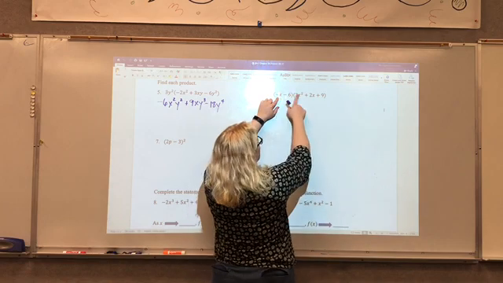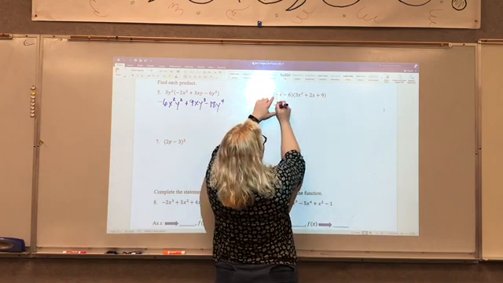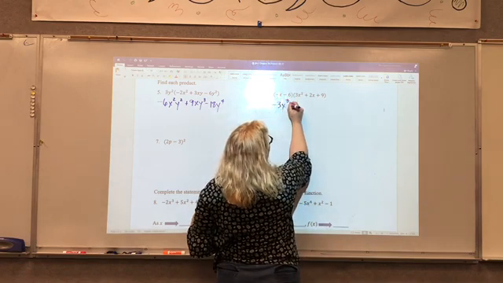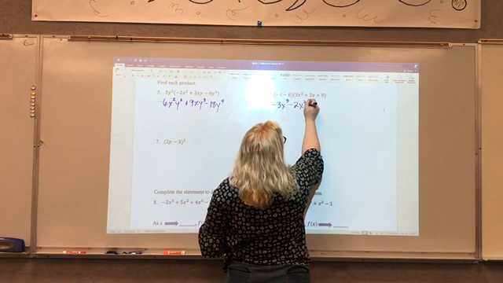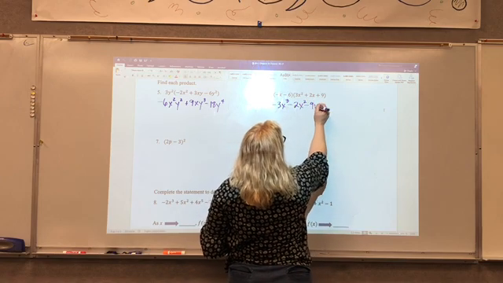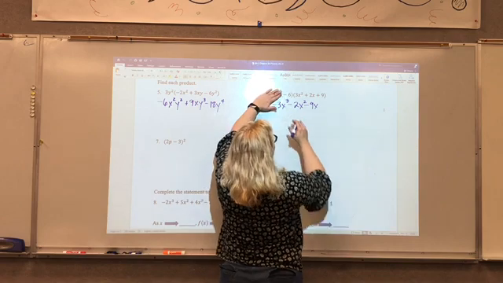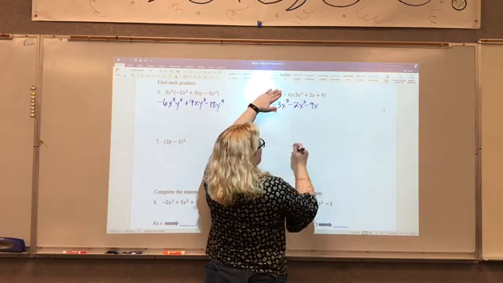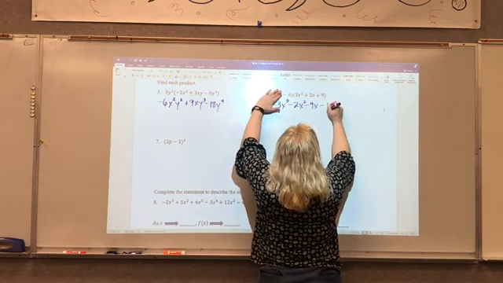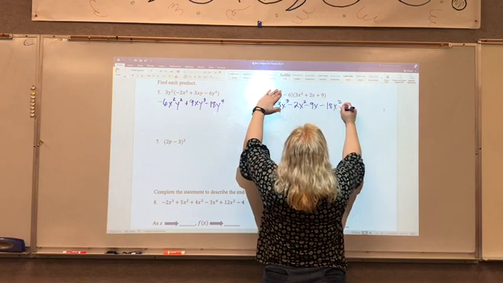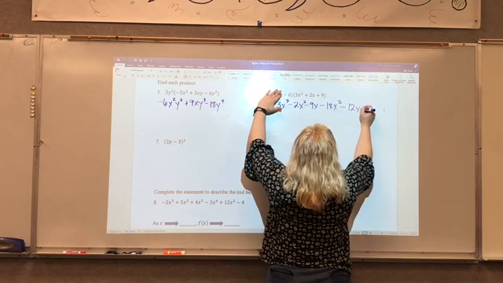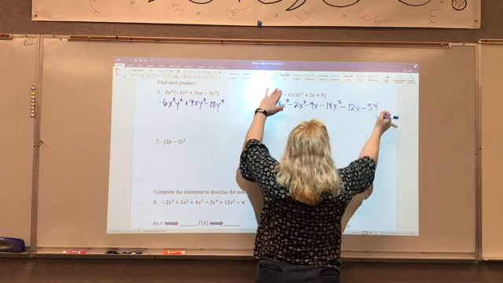Okay, over here, I'm going to multiply, but I'm distributing twice. So negative x times all of these will give me negative 3x cubed minus 2x squared minus 9x. So that's the first part. Then I multiply through everything by a negative 6. So minus 18x squared minus 12x minus 54.